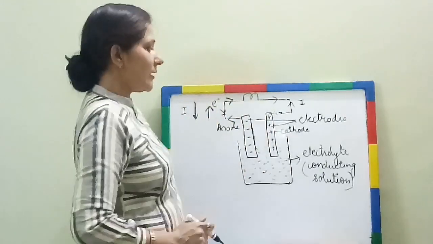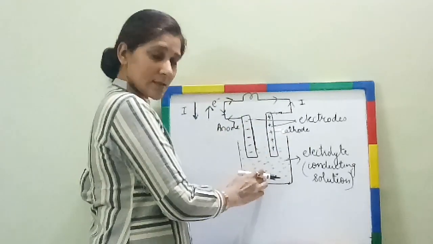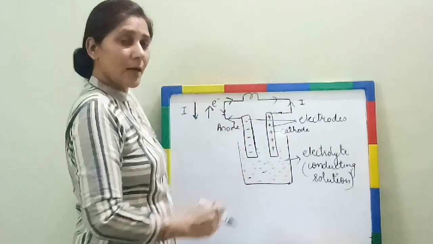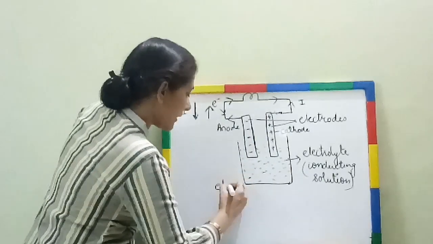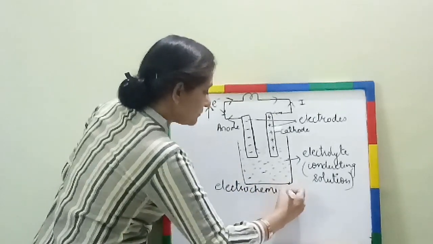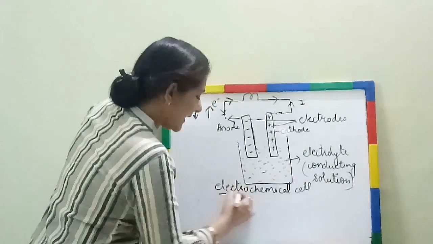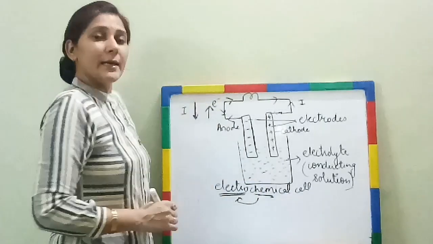Now how does this cell work? These charges are deposited. When the reaction starts in the cell, which kind of reaction will it be? Generally, when we talk about a cell, it is known as an electrochemical cell. What does it mean? Chemical energy is converted into electrical energy.